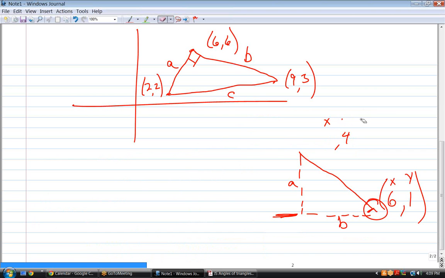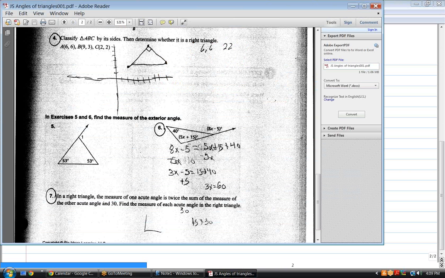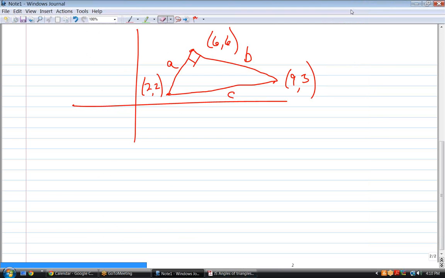So let's go back to this problem and let's figure out, remember they said classify it by its sides. Well, to know its sides, we need to know the lengths of A, B, and C. So what is A based on what we just said? It's the square root of what? Notice that, squared. Well, no. It's the square root of, remember that A is this little triangle right there.